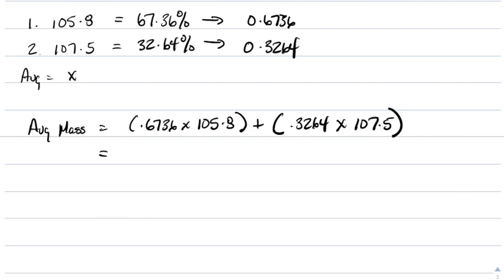So the average mass would be 0.6736 times 105.8, which is 71.2688, plus 0.3264 times 107.5. That would give us a value of 35.088.